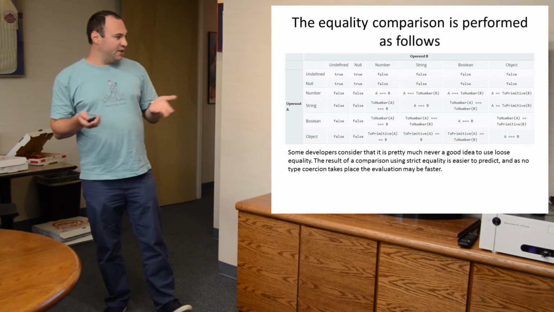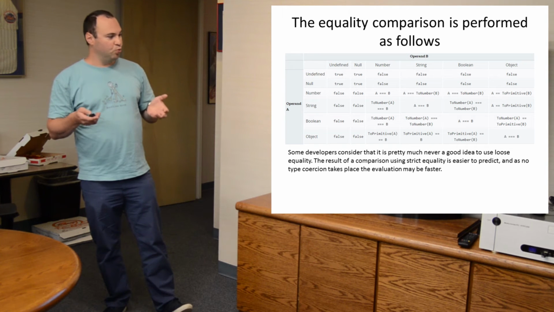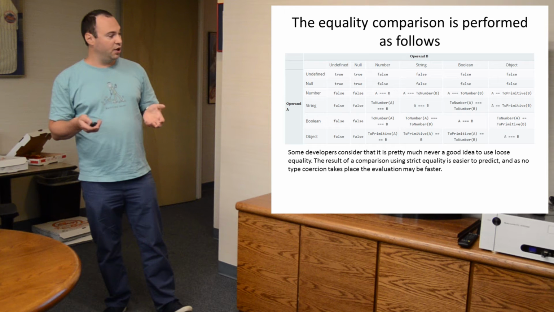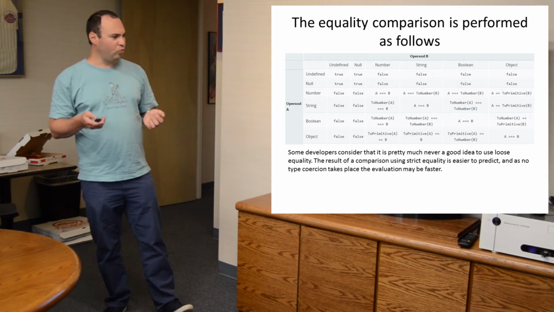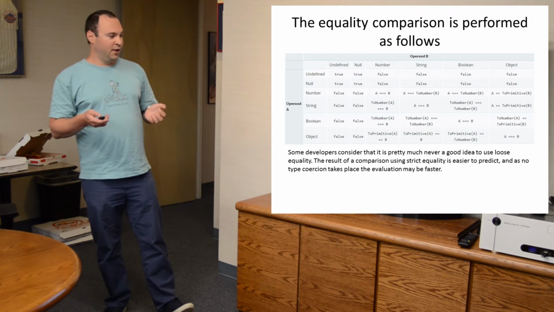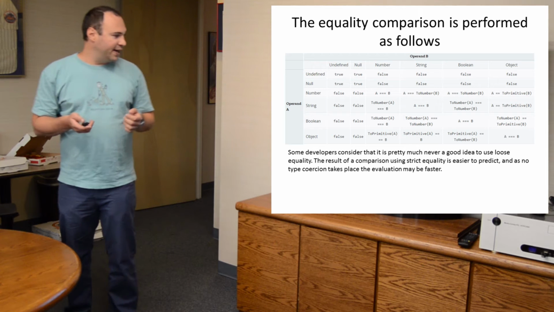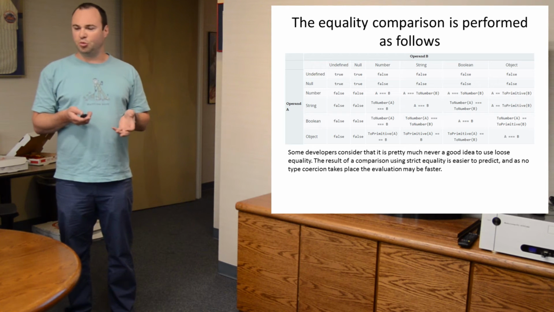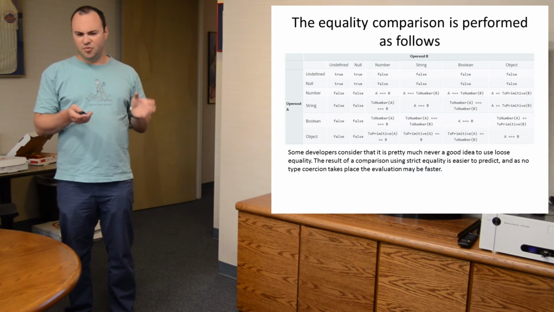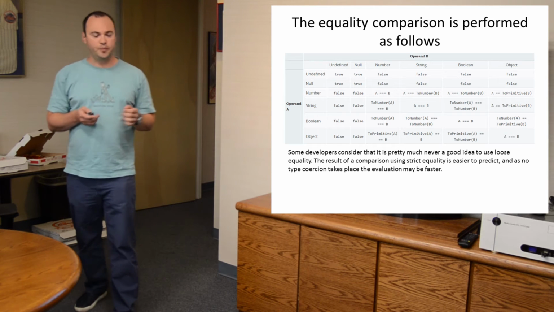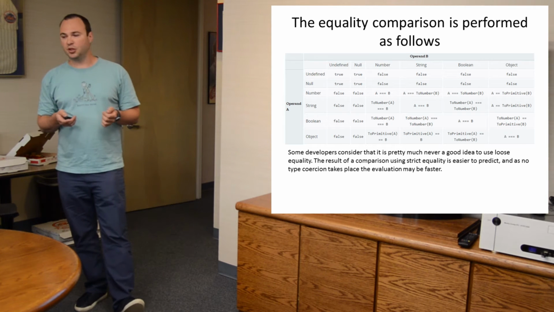But basically, there are some rules as to what is converted in a loose equality comparison. The comment there is that you really shouldn't be using loose equality except in a limited number of cases. You should pretty much always be using strict equality.